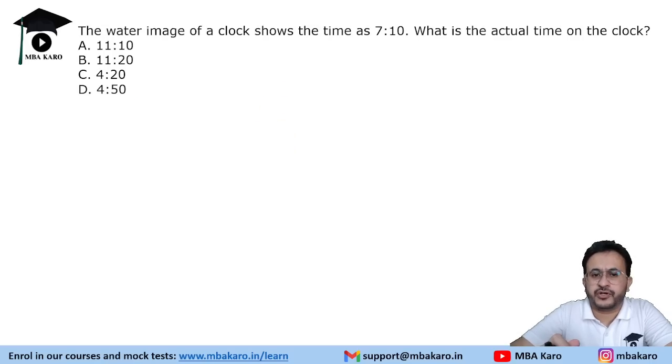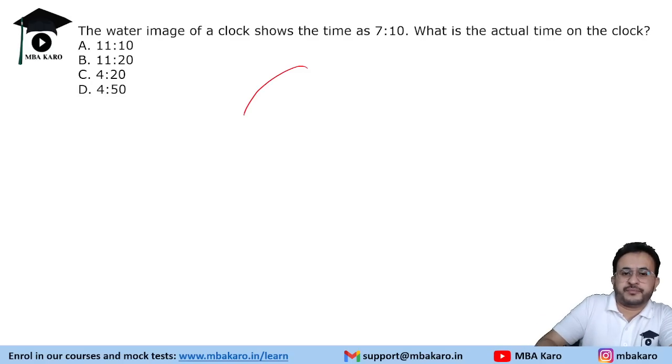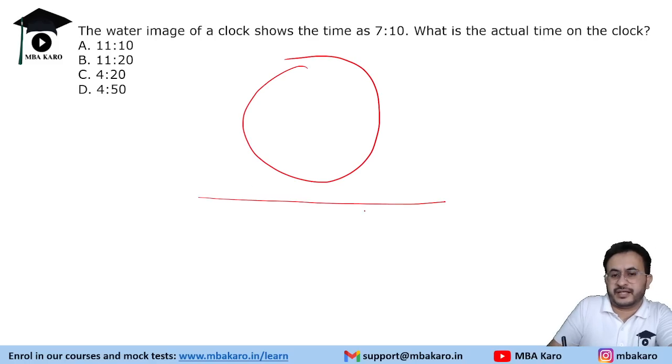Okay, next one. The water image of a clock shows the time as 7:10. What is the actual time on the clock? Water image happens like this. So it is showing 7:10. Let us first understand this logic and then I'll give you the direct formula also.